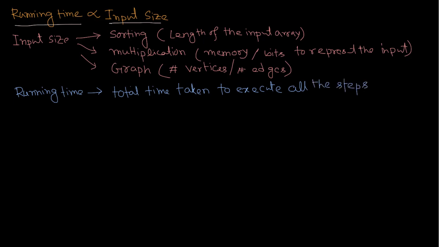Here another term came up: steps. So we need a way to define the steps as well. To define a step we need to understand pseudocode. That's why most algorithm books use a term called pseudocode, which basically defines the steps of the algorithm.